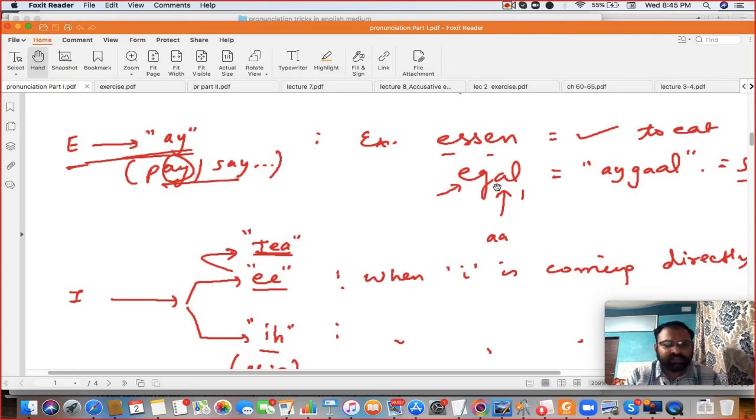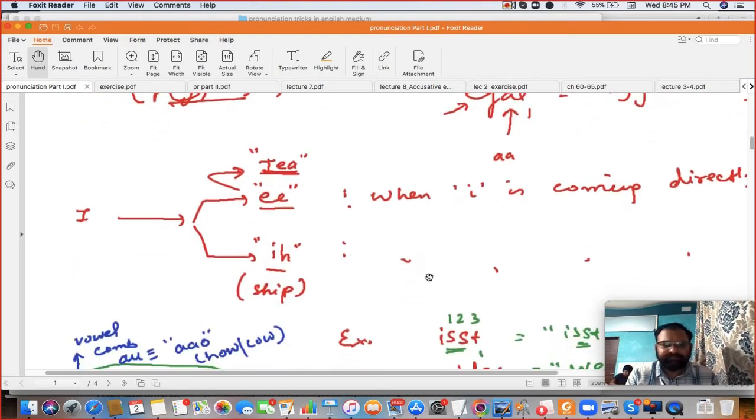E will be pronounced as an A sound, and A will have its A sound. Egal, not agal. Speak egal. Yeah, correct. Egal.